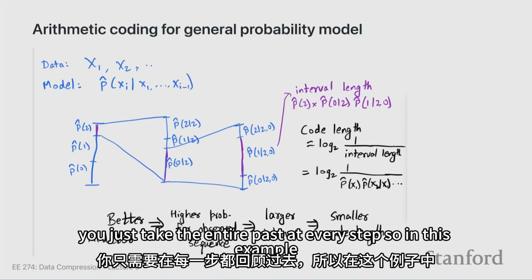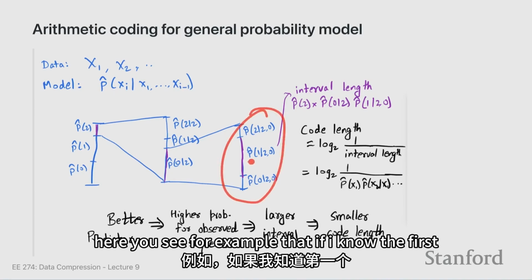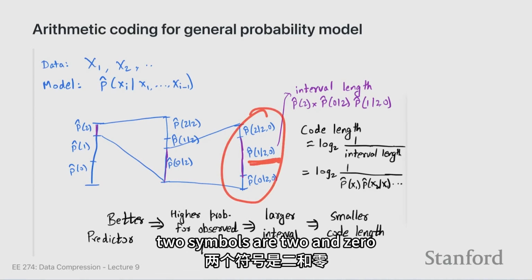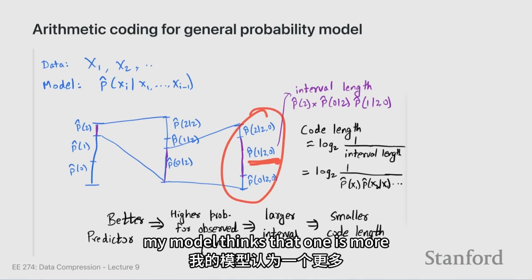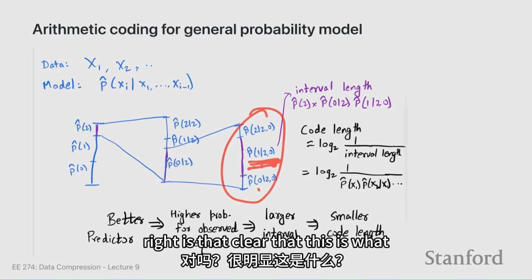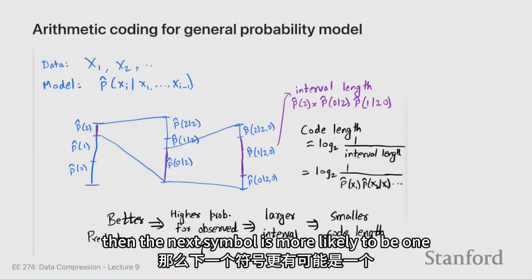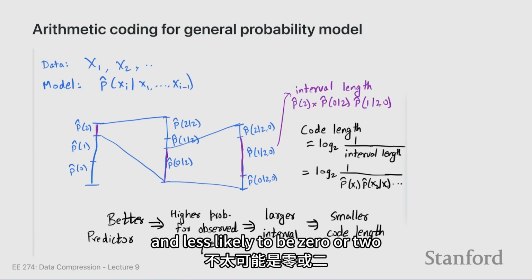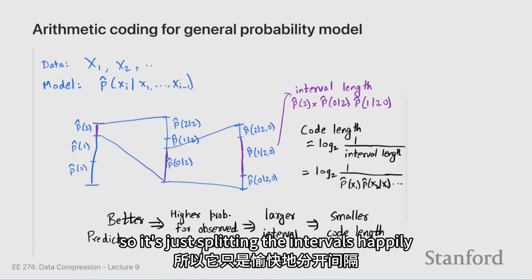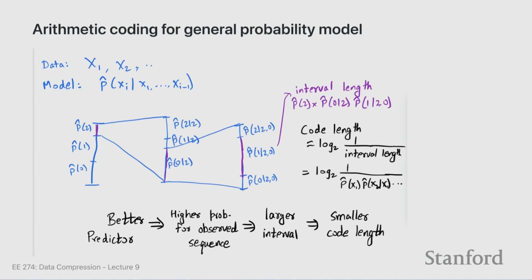So in this example, you see that if I know the first two symbols are 2 and 0, my model thinks that 1 is more likely to occur than 0 or 2. Is that clear? That is what this model is doing. It's saying that if my previous two symbols are 2 and 0, then the next symbol is more likely to be 1 and less likely to be 0 or 2. So it's just splitting the intervals according to its probability prediction.